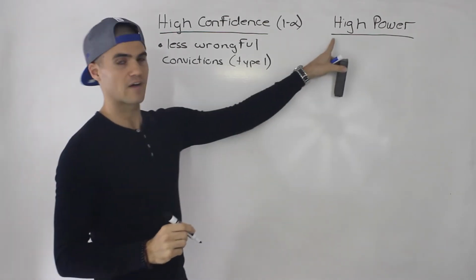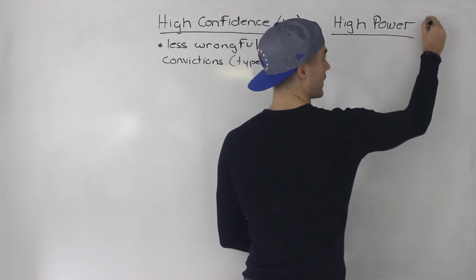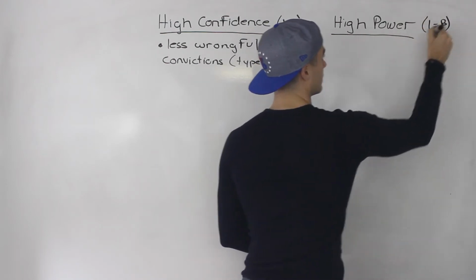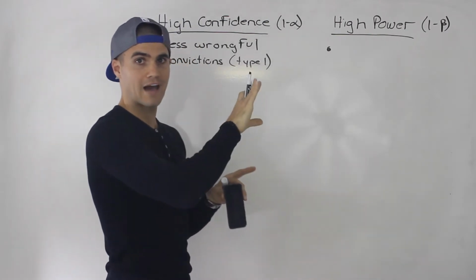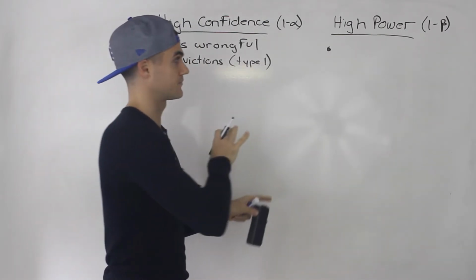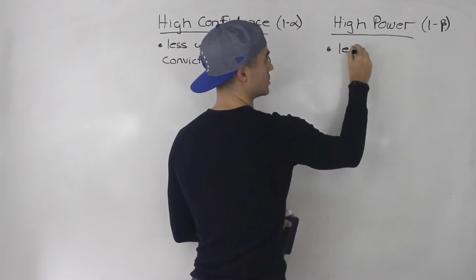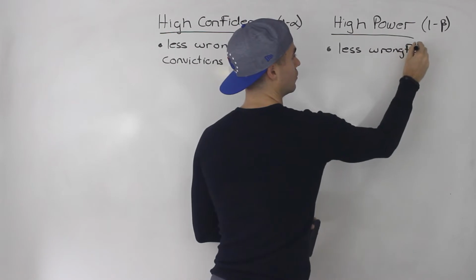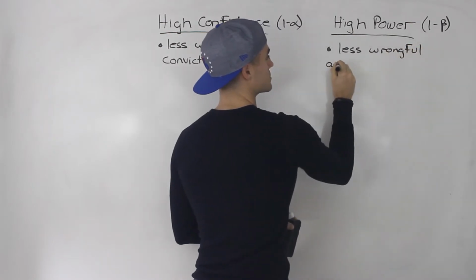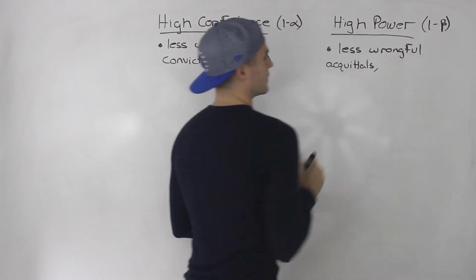Versus if you're a judge of high power, the probability of making that correct decision was 1 minus beta. And if you want higher power, then you've got to have less type 2 errors on that tree. So you're going to have less wrongful acquittals. Right?